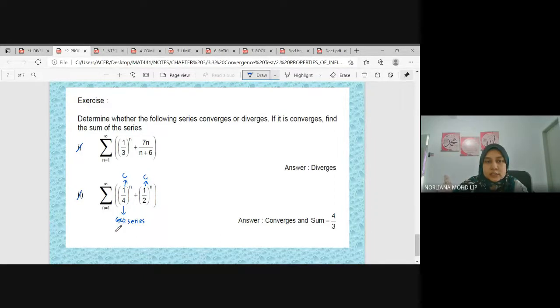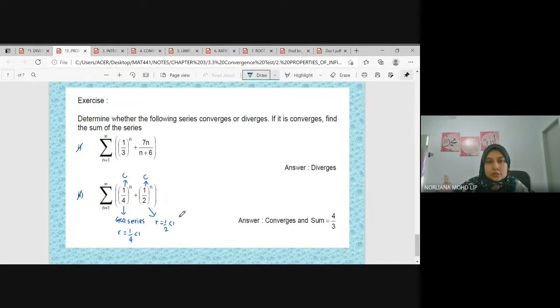So geometric series, R equal to 1 over 4, less than 1. So it is converge. Okay, this one pun sama, geometric series. So R equal to 1 over 2, less than 1, also converge.